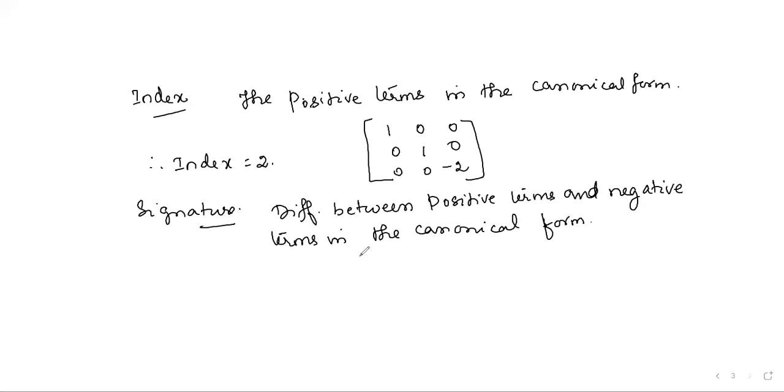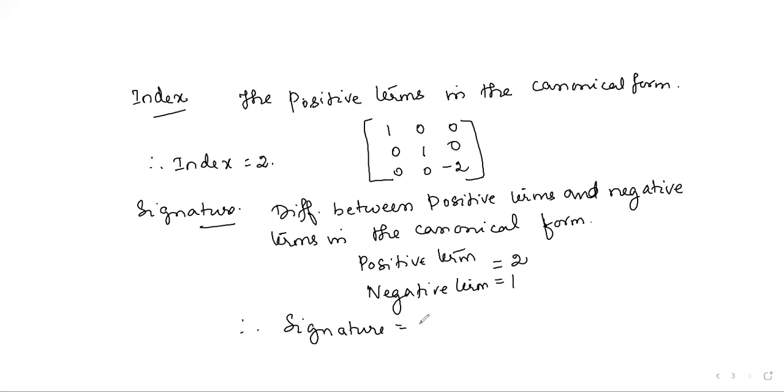In the above D, you can see the number of positive terms is equal to 2 and the number of negative terms is equal to 1. Therefore, signature is equal to the difference between the positive terms and the negative terms, which is equal to 1. Thank you. We will continue in the next lecture.